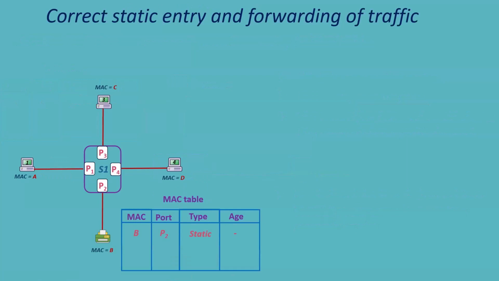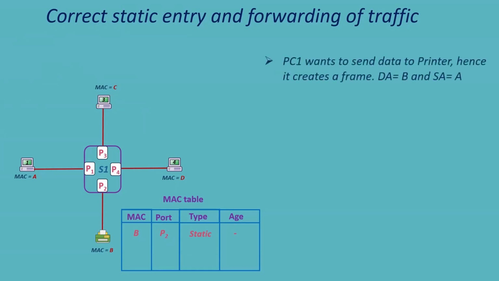So let's go over the correct and incorrect use case of static entries: how a switch handles a correct entry, as opposed to an incorrect entry, and what is the drawback of that. Looking at the good case, PC1 sends data to a printer.